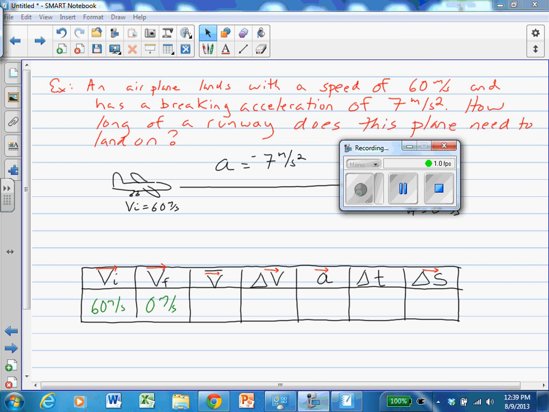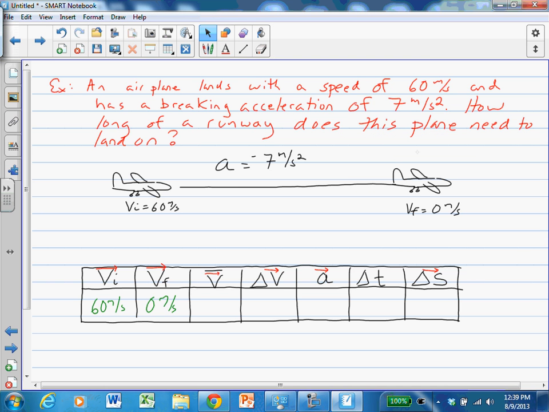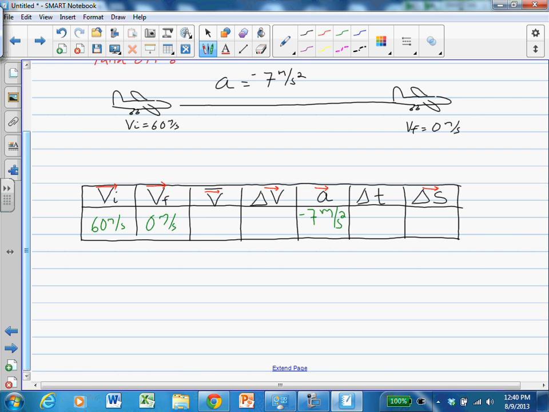Okay, so we know initial and final velocities or speeds. We know the acceleration. And that is it.